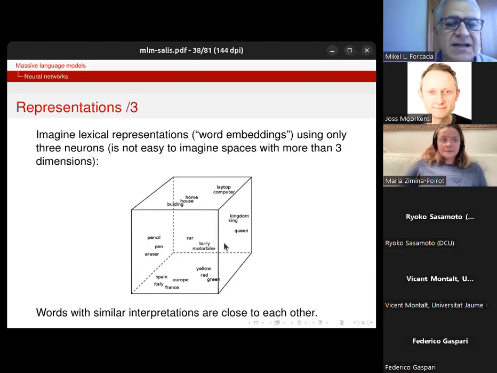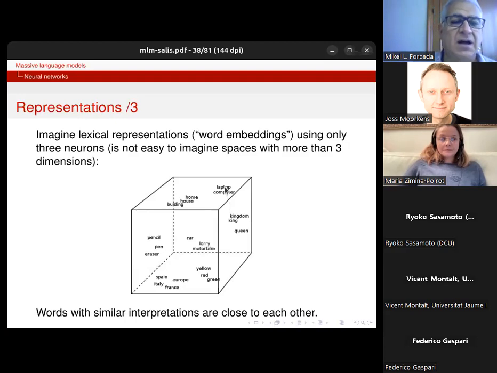That would be like placing a small speck of dust somewhere in this room. You would give 3 coordinates, like how high from the floor it is, how far from the door it is, and how far it is from this wall behind me. With 3 coordinates, you basically pinpoint where the speck of dust is.